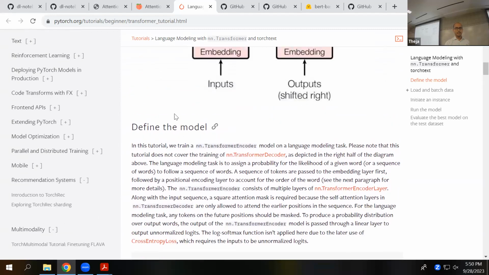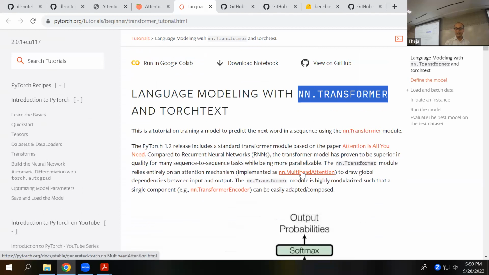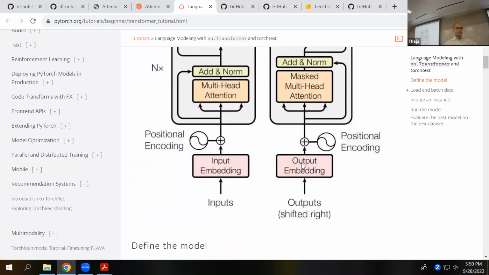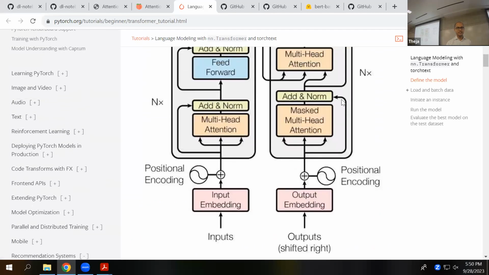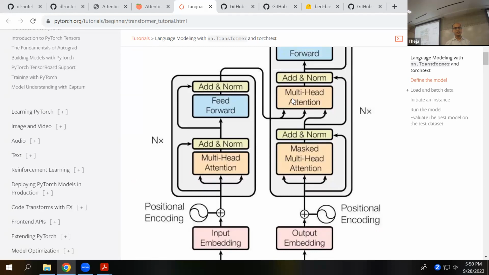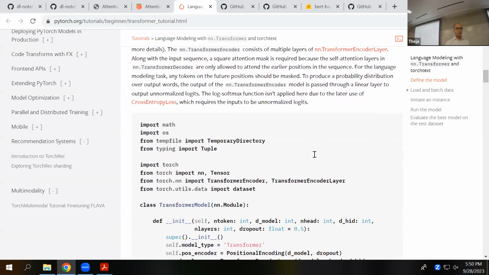I would also recommend looking at the code in this tutorial. There's nn.Transformer, nn.MultiheadAttention, which is the sub-block inside the transformer, and there's also nn.TransformerEncoder and nn.TransformerDecoder. There's a slight difference: as I said, there's an extra encoder-decoder attention layer in the decoder definition, which is in the picture here. This center part between the multi-head blocks is the encoder-decoder attention.